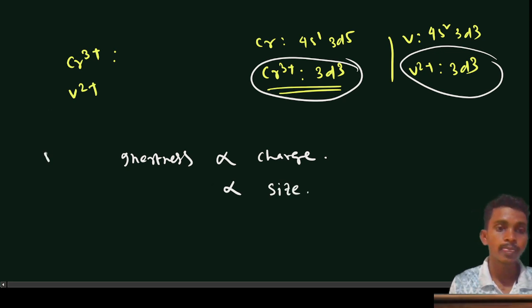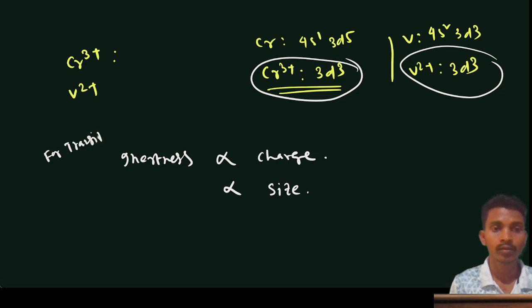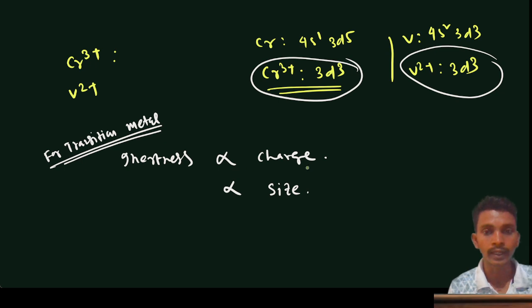This is for transition metal complexes. For transition metals, inertness is directly proportional to charge, also directly proportional to size.